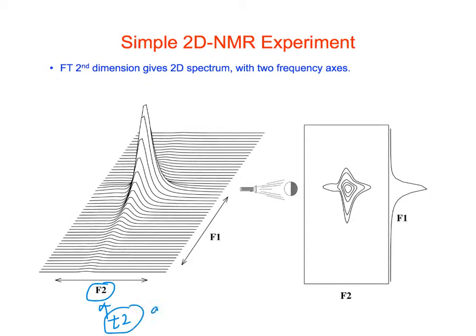Okay, this comes from the acquisition time. And then on this side over here, this comes from the T1, the delta T1, and this was the time delay that we were varying between each of those one-dimensional experiments. Okay, and we get another peak in that direction because those one-dimensional experiments were oscillating at a certain frequency.